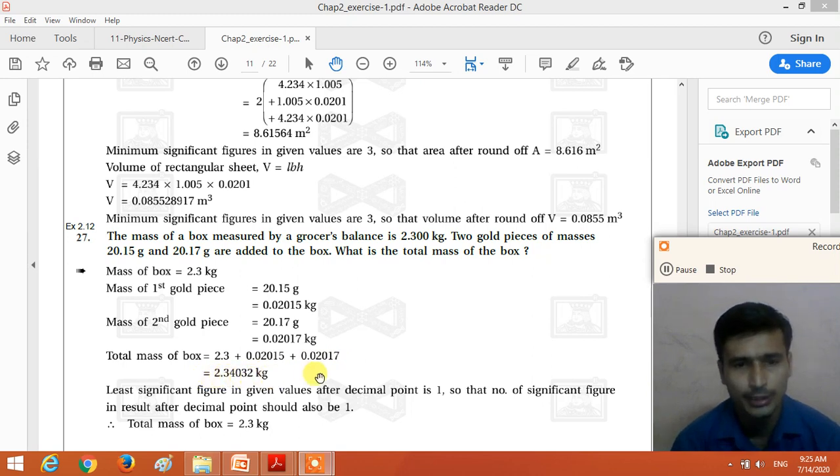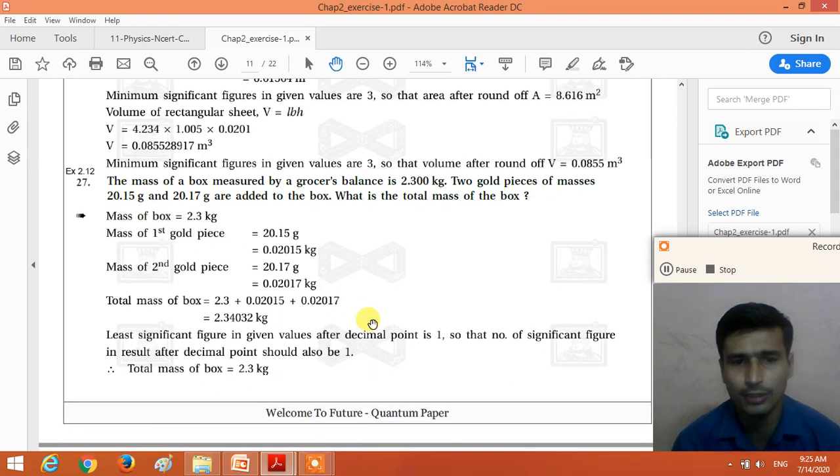We get the answer 2.34032 kg. Now in addition or subtraction, we correct the result up to the significant figures after the decimal point. So in all these 3 numbers, after the decimal point there is only one significant figure, right? So we need to round this value up to the correct decimal point.